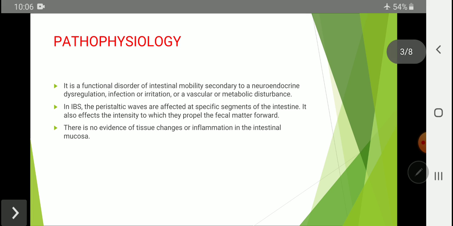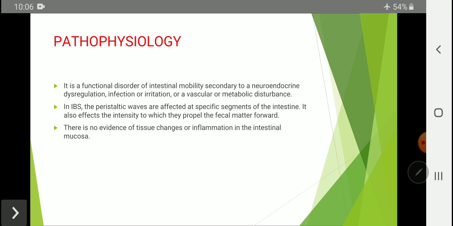A little bit of pathophysiology. IBS is a functional disorder of the intestines, specifically intestinal motility, which can be secondary to neuroendocrine dysregulation, infection or irritation, or vascular or metabolic disturbance. So it can be caused by multiple factors.